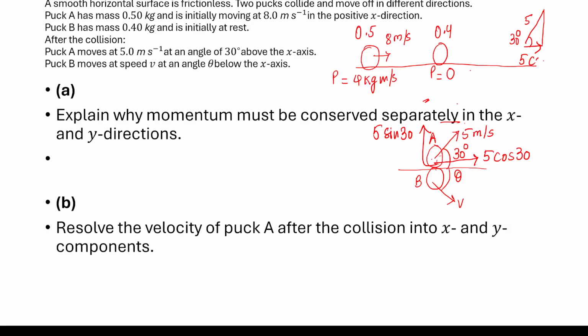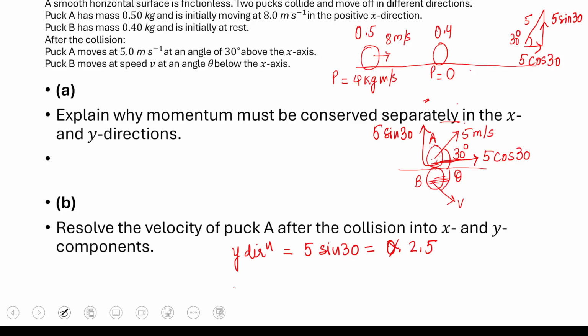So y direction, it is 5 sine 30, which is, no, sorry, not 0, 2.5. Okay, remember the side touching the angle is always cos. So this side was touching the angle, hence it is cos. Then x direction is 5 cos 30.